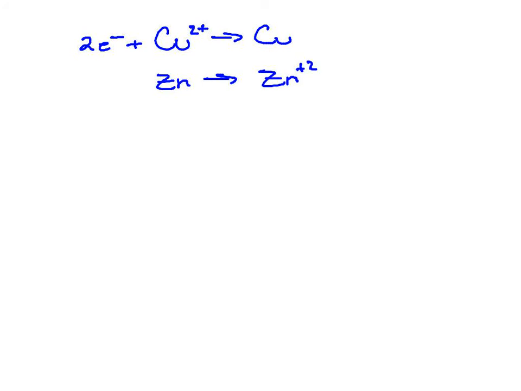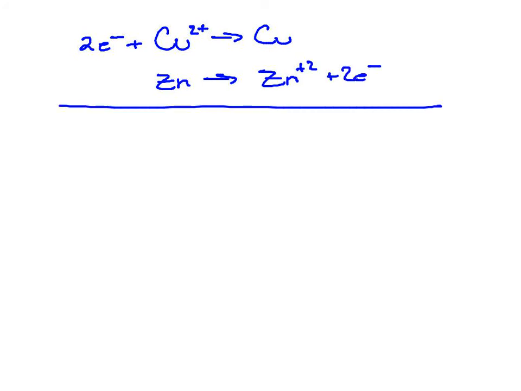I'm going to create a blank screen to do this. So let's say I have a reaction. The classic galvanic cell is actually this reaction right here. If I take Cu2+ plus 2 electrons, it goes to Cu on this side, and then I have zinc going up to Zn2+ plus 2 electrons.